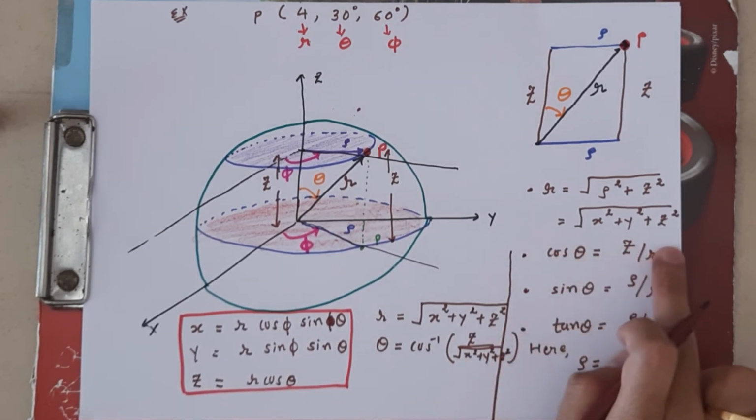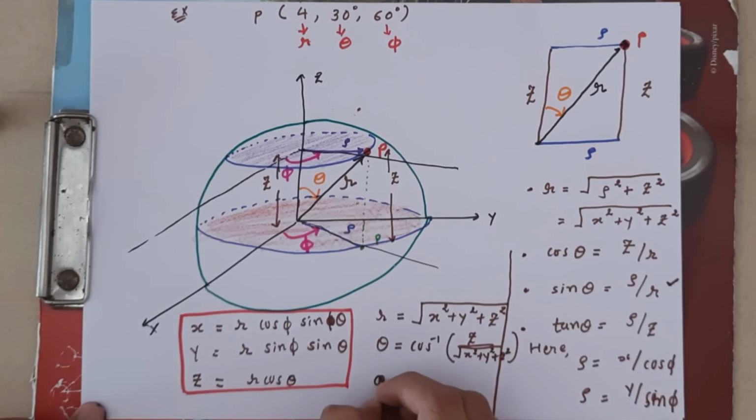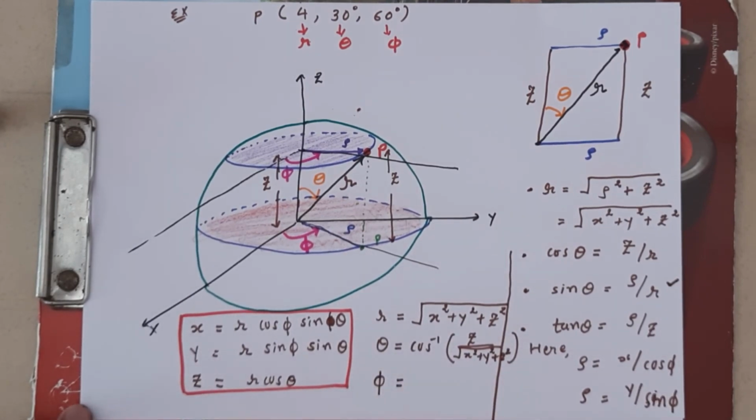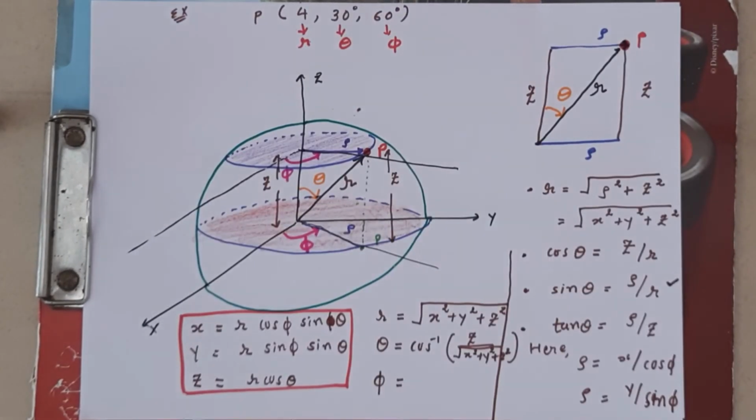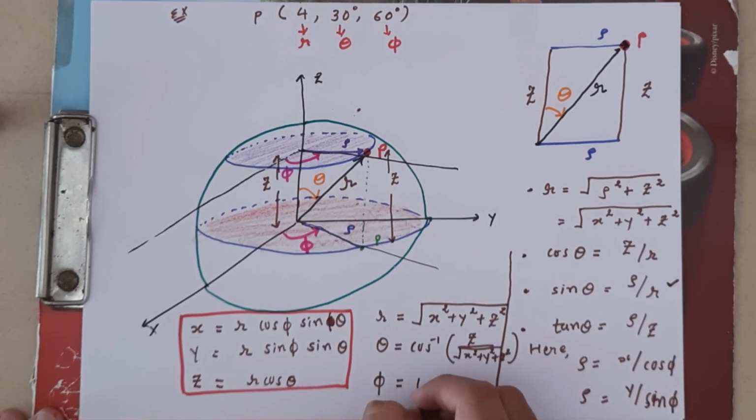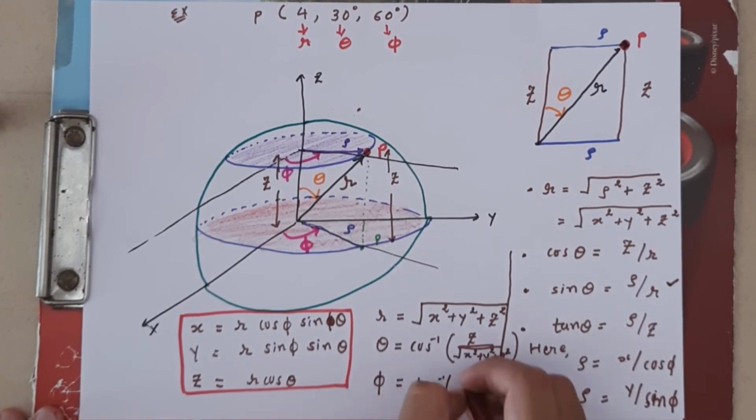And last, phi. This phi is the same as in the cylindrical coordinate system, which is tan inverse y by x. So phi is equal to tan inverse y by x.